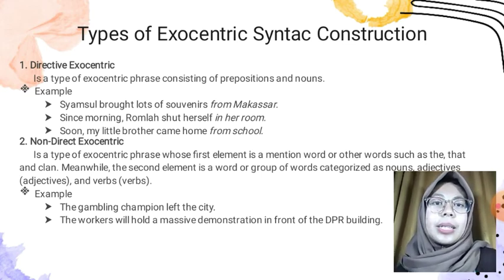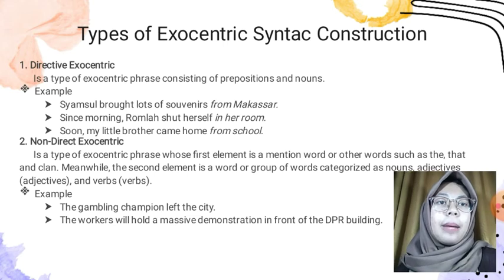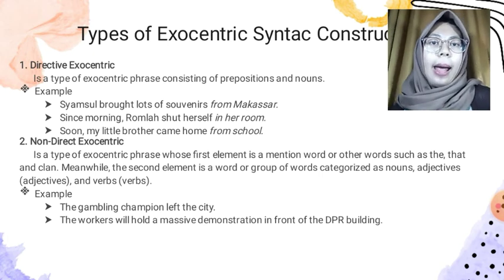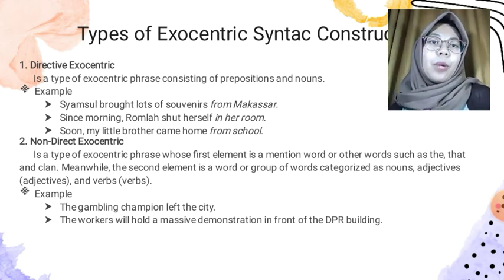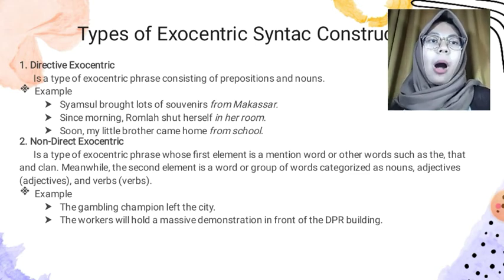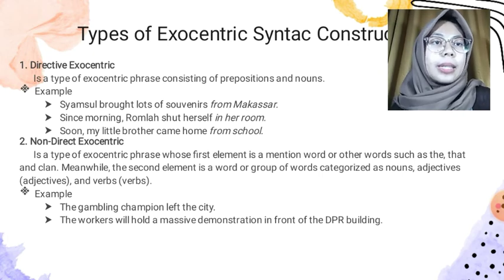Okay, there is non-directive exocentric. Non-directive exocentric is a type of exocentric pair whose first element is a mentioned word or other word such as the, that, and claim. Meanwhile, the second element is a word or group of words categorized as nouns, adjectives, and verbs.